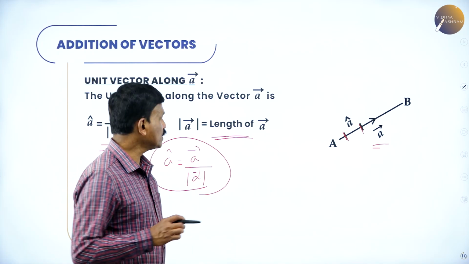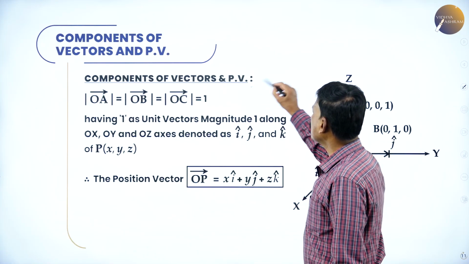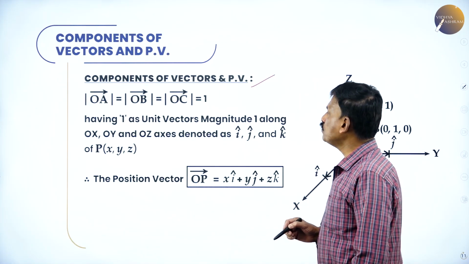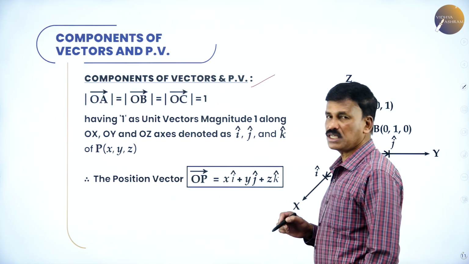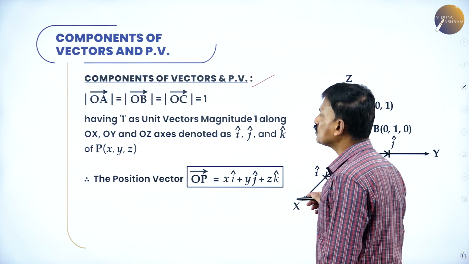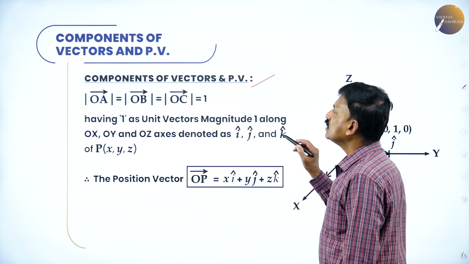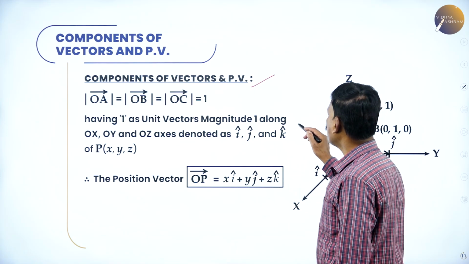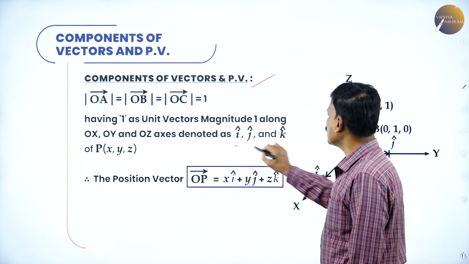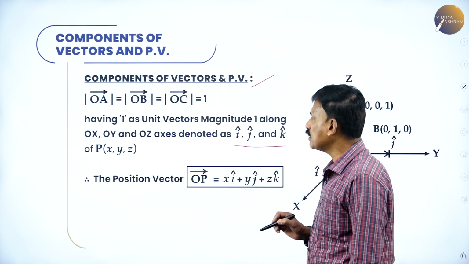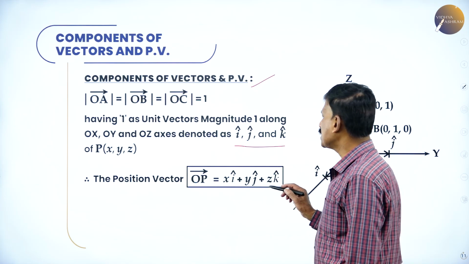Okay. Now move on to the next concept, components of a vector and the position vector. If OA, OB, OC are unit vectors, that is, length of OA, length of OB, length of OC equal 1, having magnitude 1 along OX, OY and OZ, they are denoted by vectors i cap, j cap and k cap, for the point P(X, Y, Z).